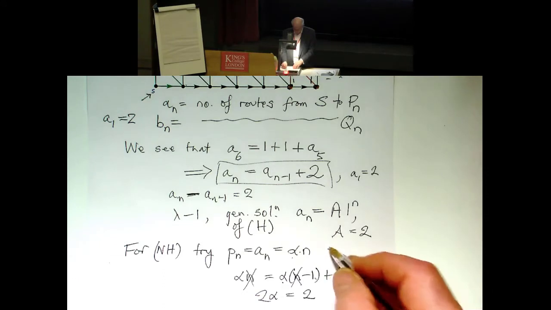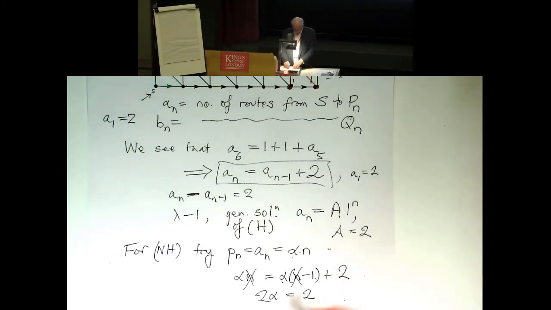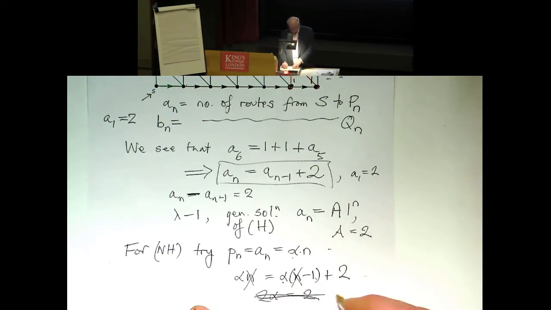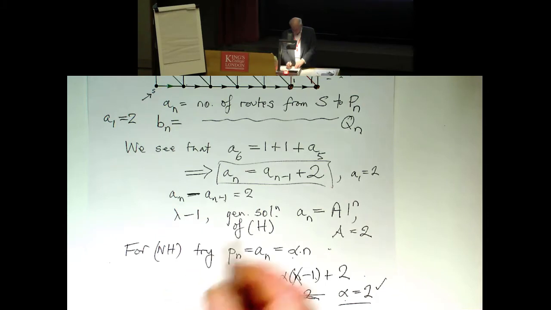By which line am I wrong here? The very bottom one. Oh yeah, there's no alpha here, sorry, that's 0, quite right. Alpha is equal to 2, which of course means that our particular solution is 2n, so p_n is 2n.